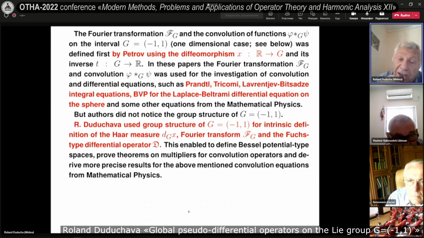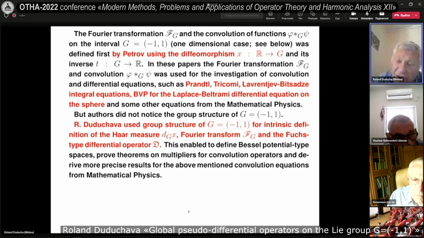But he made very important applications of this definition. He solved Prandtl's integral-differential equation, the Tricomi differential equation, and Lavrentiev's integral equations, and also boundary value problems for the Laplace-Beltrami equation on the sphere, and some other equations of mathematical physics.